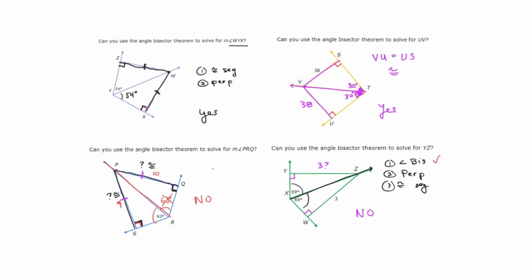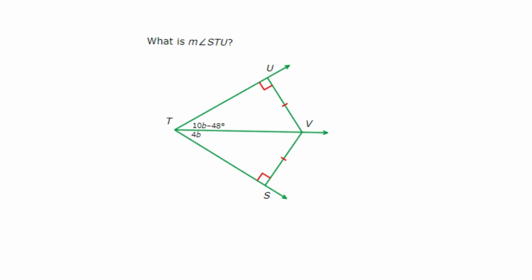Now let's say it is given that it is in fact an angle bisector. You need to use that information. I have a perp, that's 1. I have congruent segments, that's 2. So these two angles are in fact equal.